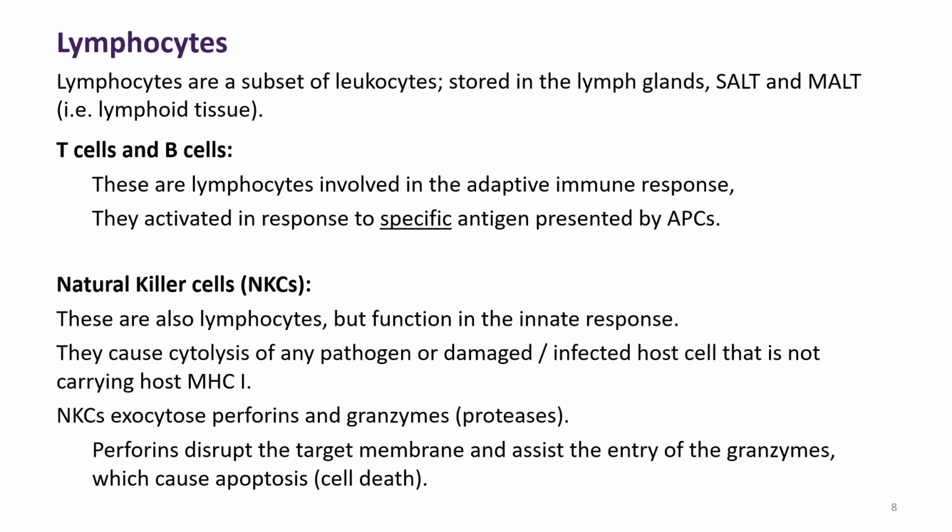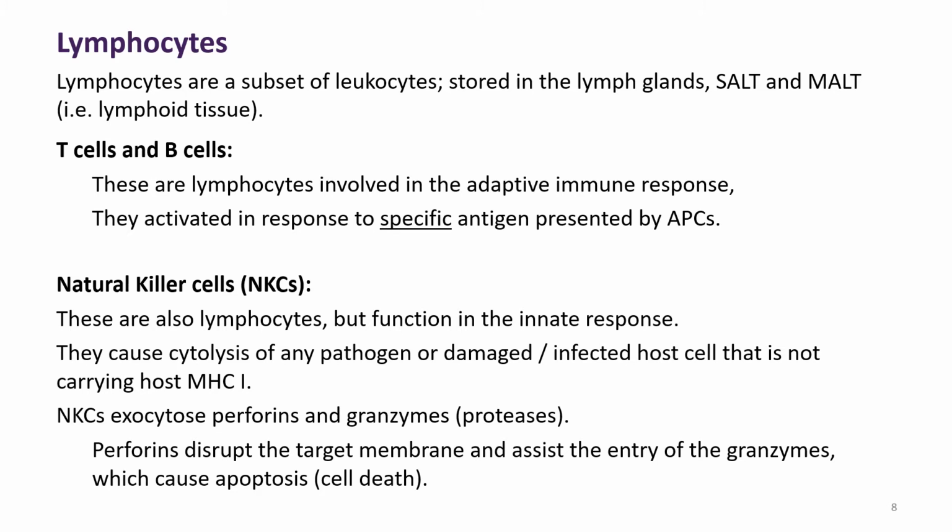They're not interested in the flag. What they're interested in is the flagpost. And remember, we said MHC is unique to all individuals apart from twins. So they need to know that that is your host MHC. If it's not, then they can attack. When they attack, they exocytose something called perforins and granzymes.